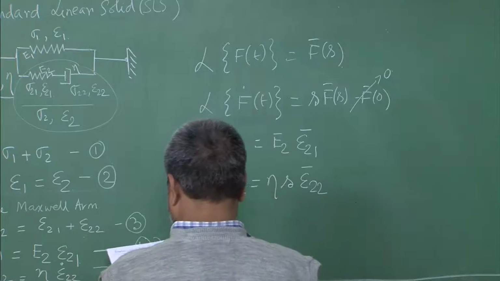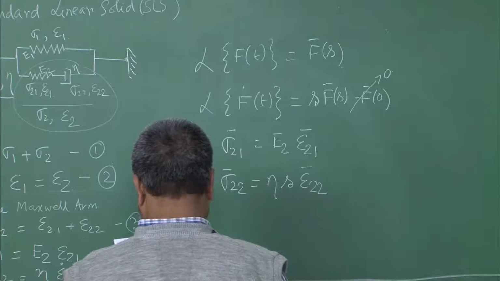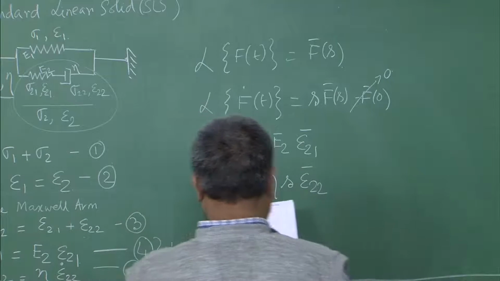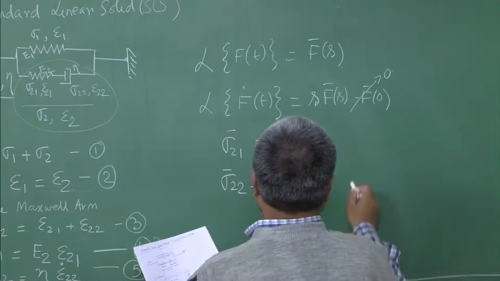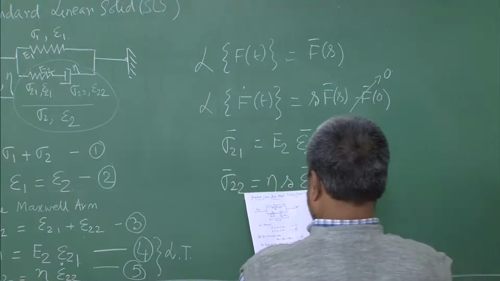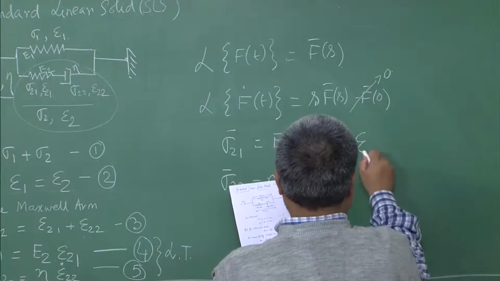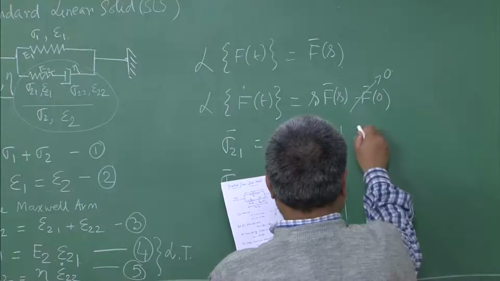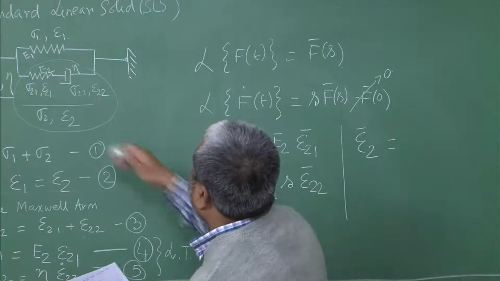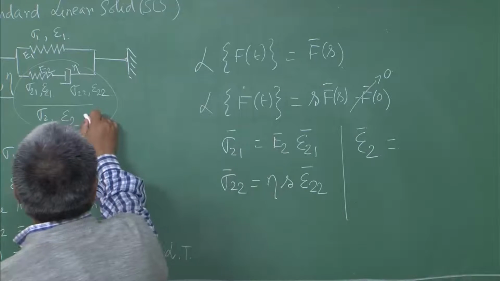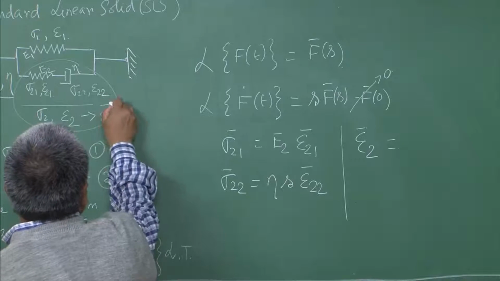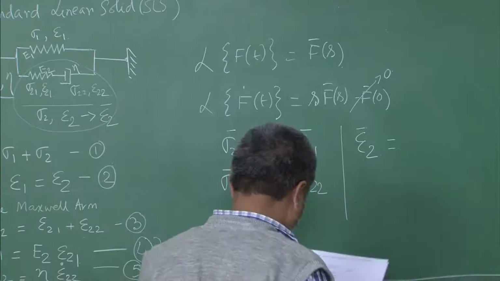So, we now know that epsilon 2 bar, that is the overall epsilon strain, we can write now with the help of this. Epsilon 2 bar is actually the Laplace transformation of epsilon 2 itself.